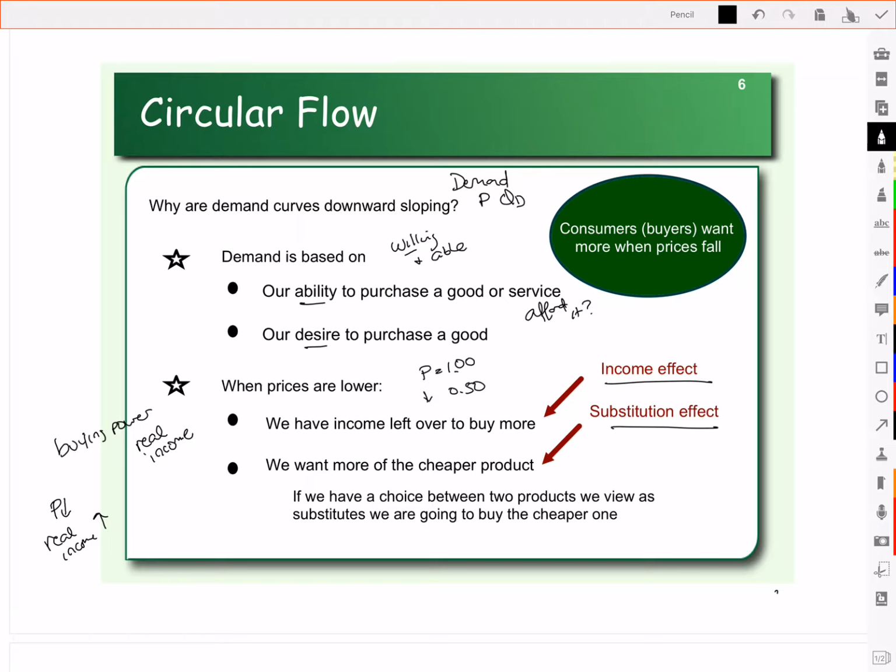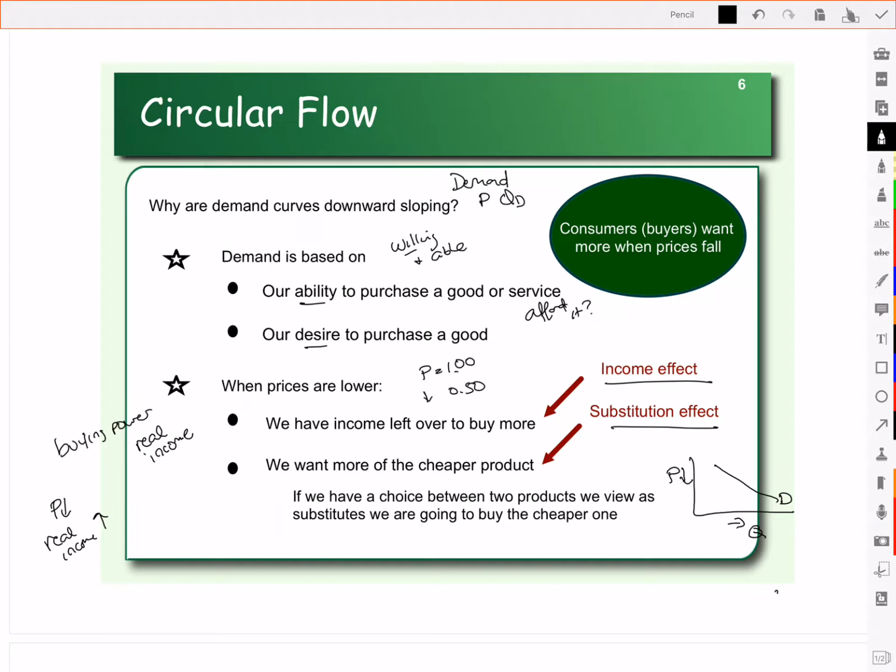And since we like them, we probably want more of them, and our ability now has increased. So this explains why we get the downward sloping demand curve, because as the price goes down, our real income has increased, we can get more for our money, which means the quantity that we're willing and able to buy increases.